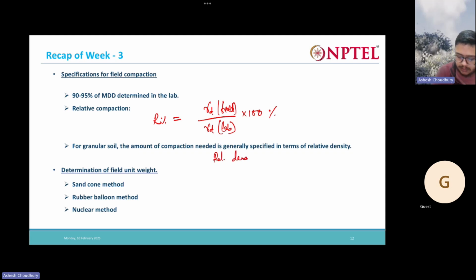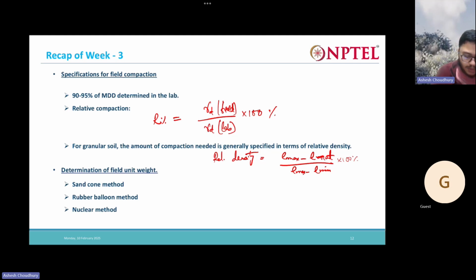Relative density is e max minus e natural by e max minus e min. Void ratio in the loosest state minus void ratio in the natural state, by void ratio in the loosest state minus void ratio in the densest state, into 100%. So this is how we get relative density.